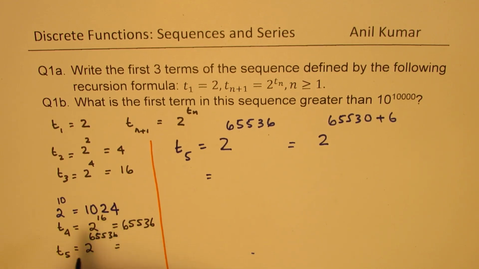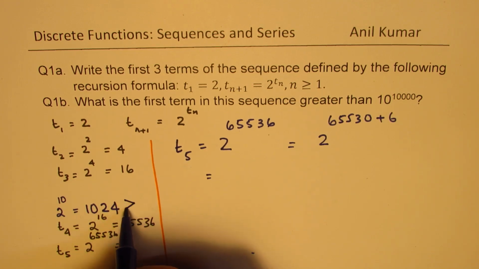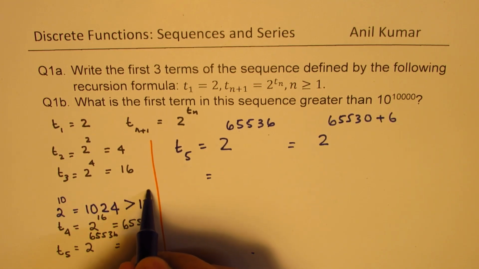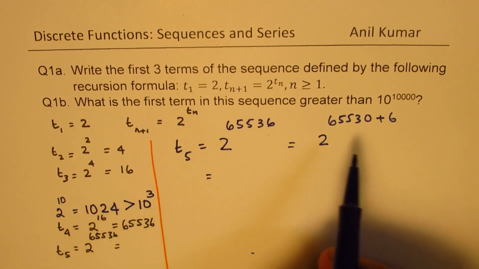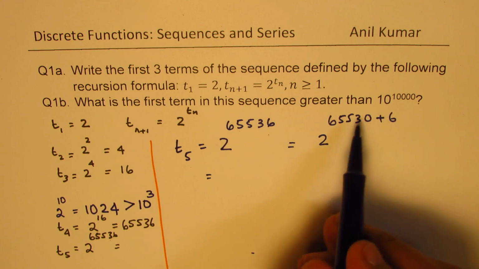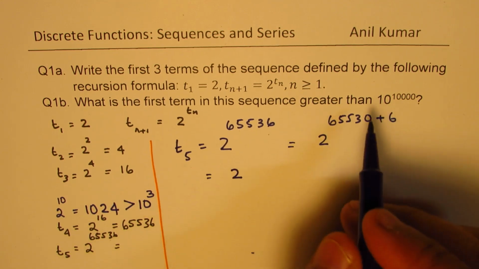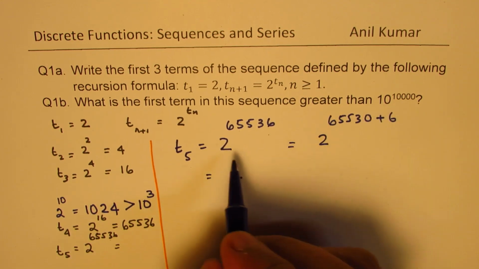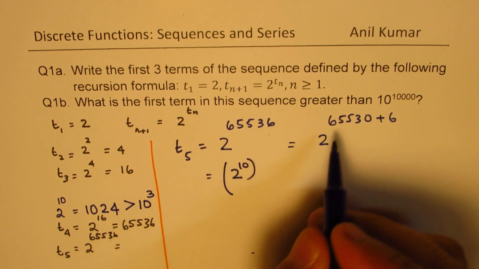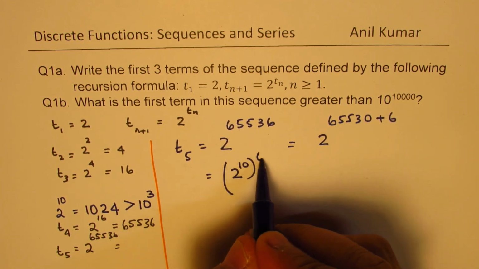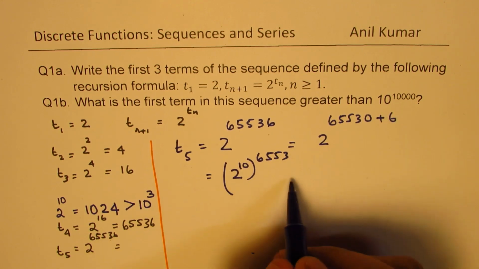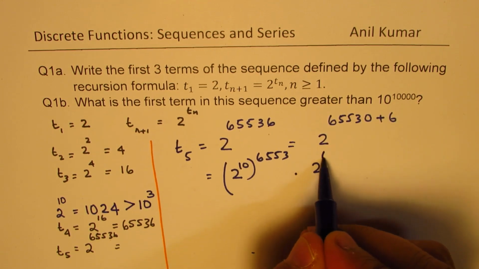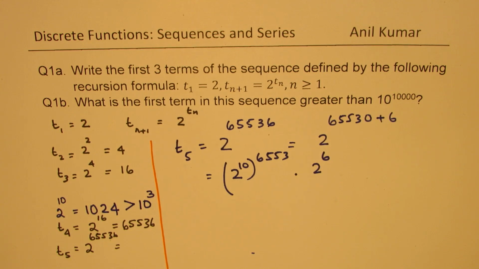So we can say that 1024 is actually greater than 10 to the power of 3. It is more than 1000, right? So rewriting this, we could say 2 to the power of 10 times 6553, and plus 6 means times 2 to the power of 6, using laws of exponents.